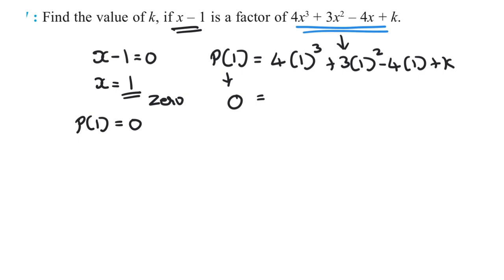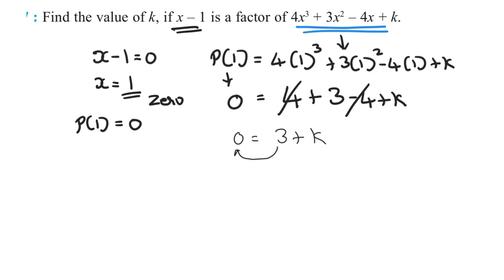Okay, so now it's a matter of simple simplification. 1 cube is 1 times 4 is 4 plus 1 squared is 1 times 3 is 3 minus 4 plus k, isn't it? So plus 4 minus 4 cancels, which is 0. So 0 is equal to 3 plus k. I want to find the value of k. So move the 3 on the other side of the equal sign. It becomes minus 3. So k is equal to minus 3. Found the value of k.